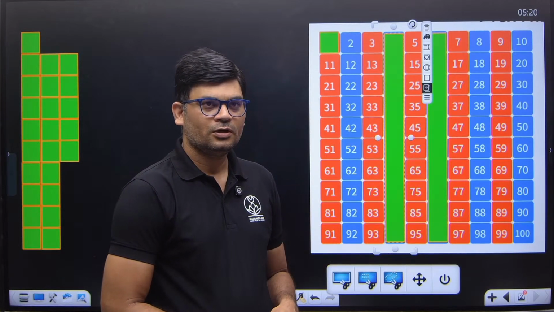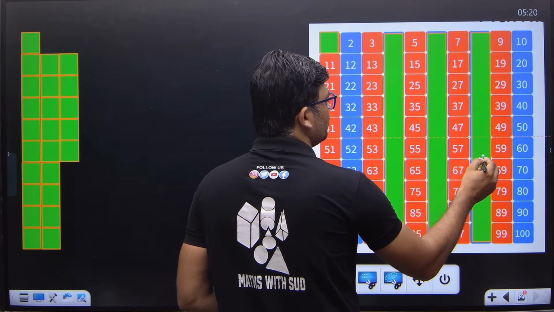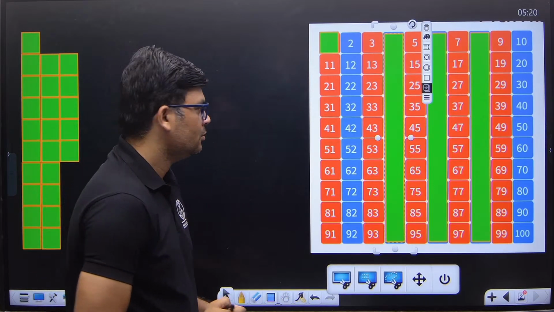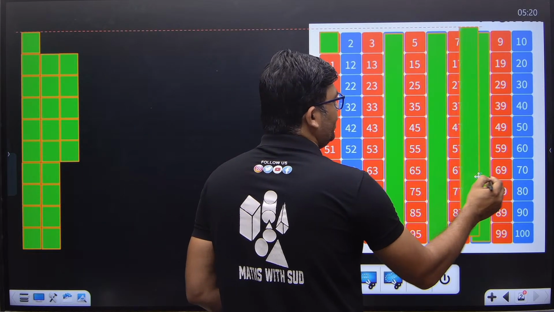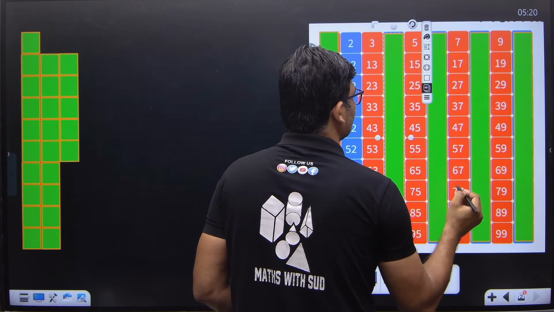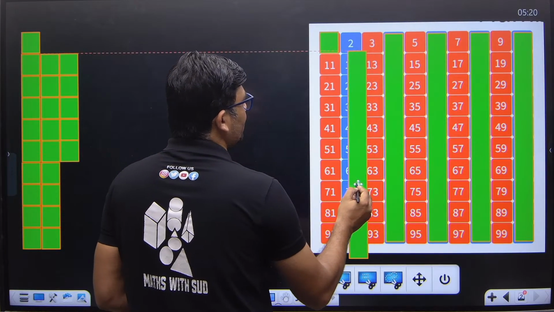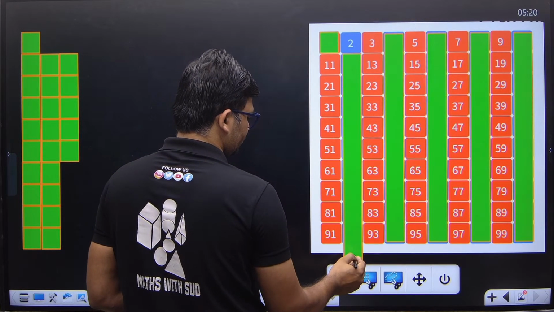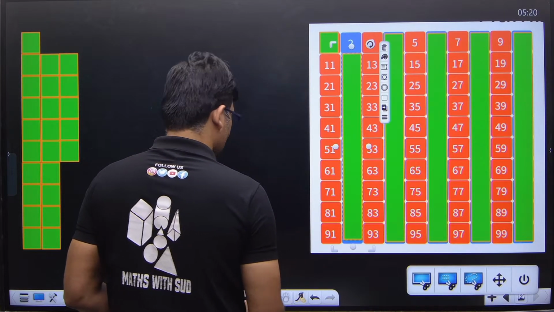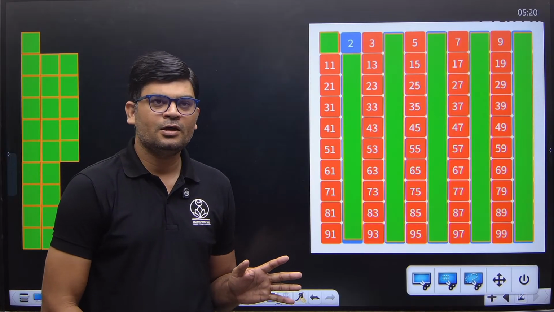What about the numbers ending with 8? Yes, they can also be divisible by 2. What about the numbers ending with 0? They can. And what about the numbers ending with 2, other than 2? Such numbers can never be prime numbers.